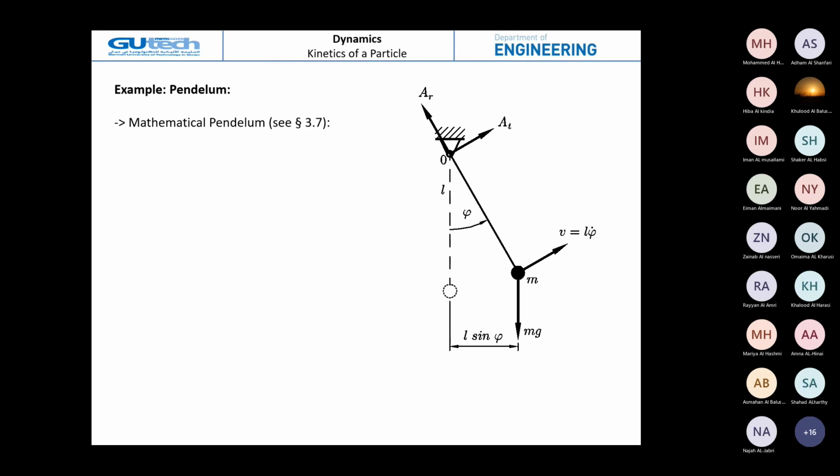You know that it's only r cross omega. This is in the general case. There is the component in the radial direction, but this component in the radial direction cuts the point O and is in the same direction as the rod. This will have no influence on the change of momentum. Why? Because it's parallel to e_r.